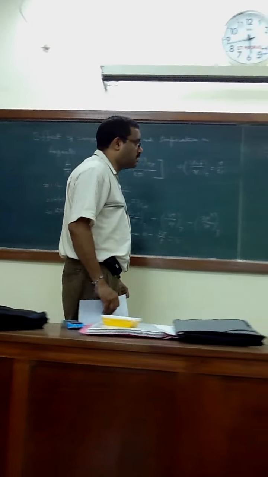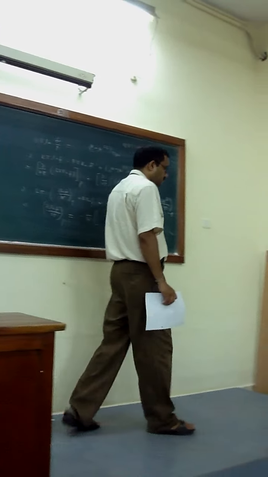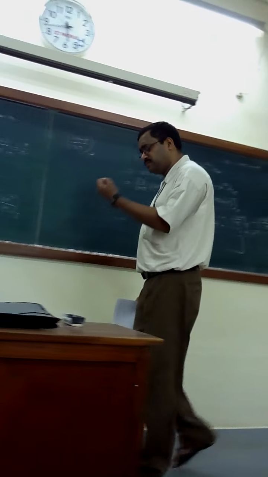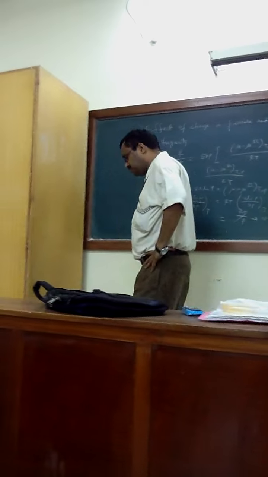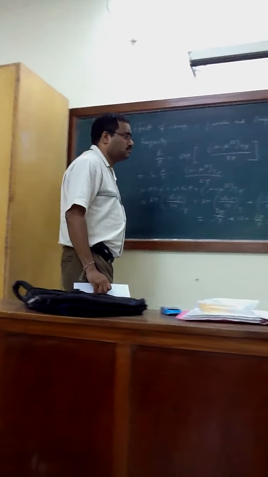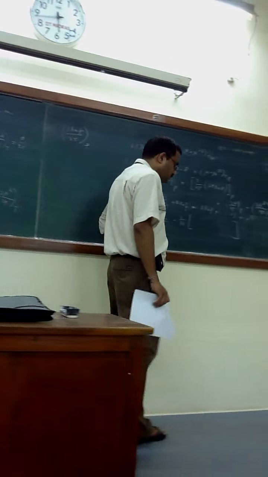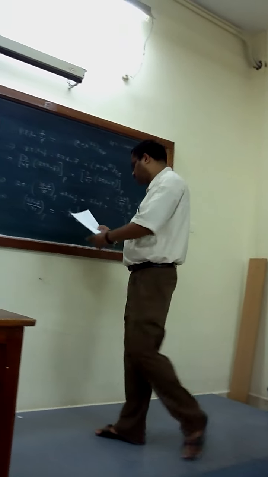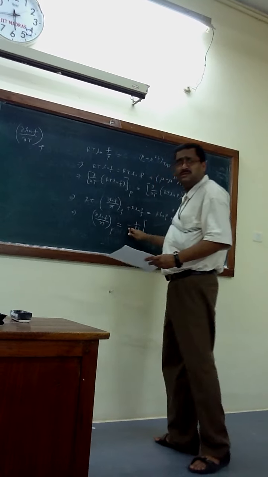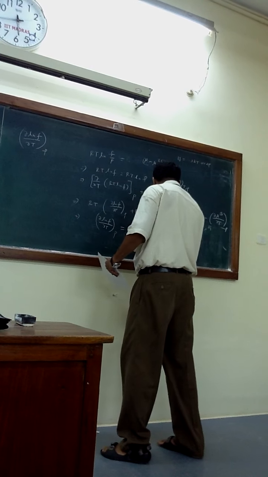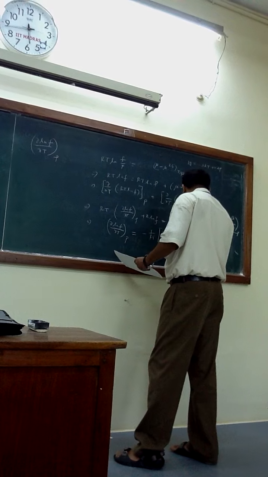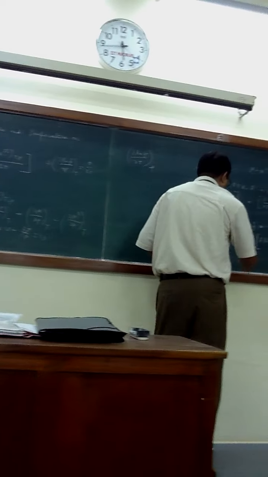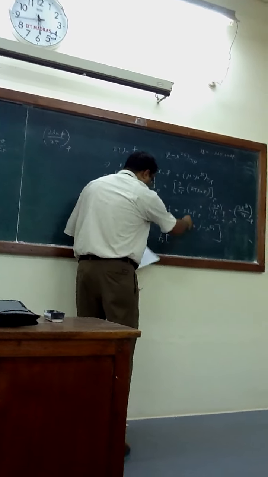Dou ln F by dou T at fixed P equals minus 1 by RT times (R ln F by P plus S minus Sig), because I have taken the minus outside. What is this R ln F by P?